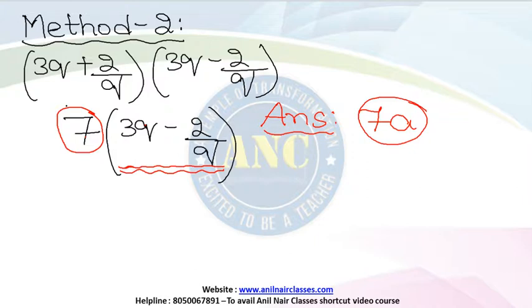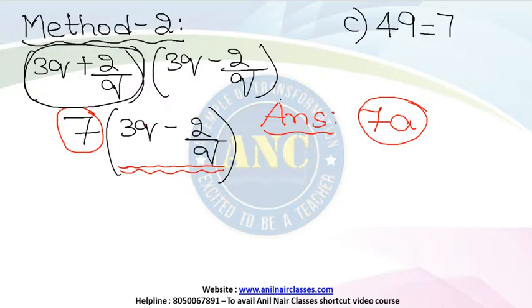Now think little logically, sir. First number we got as 7. We came to know from the question as 7. Suppose assume that the third option is there. Third option is 49. 3q minus 2 by q is what we are interested in finding, right? That means 7 multiplied by something should give you 49. 7 into which number is 49? 7 into 7 only is 49. That means 3q plus 2 by q is 7. That is known from the question.